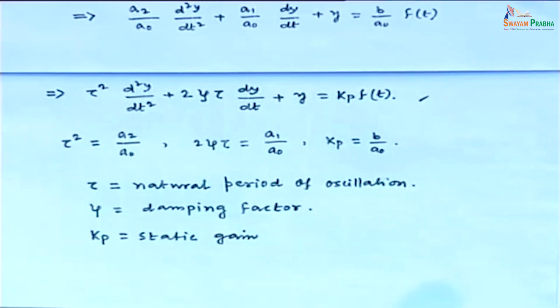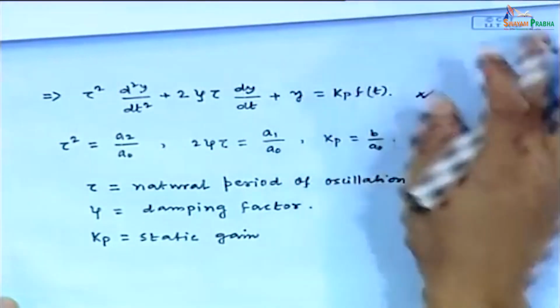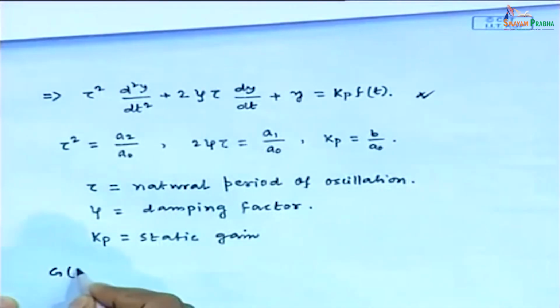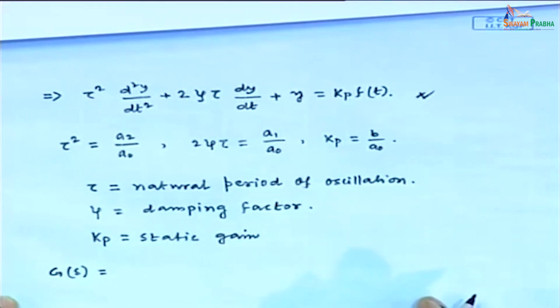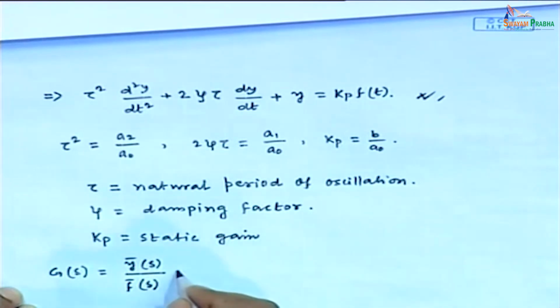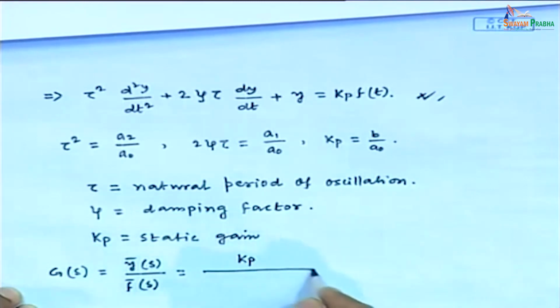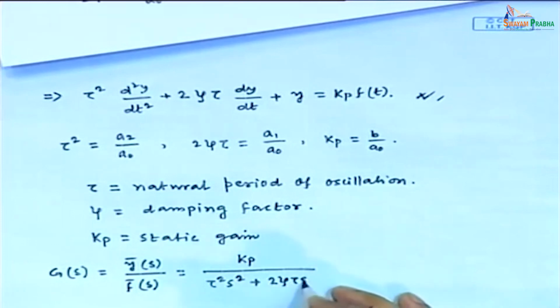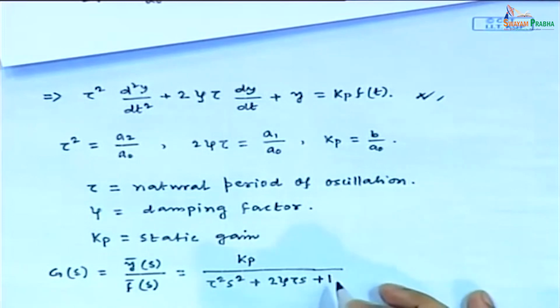Fine. Considering y and f both as deviation variables, we finally get the transfer function of this second order system, taking Laplace transform of this equation, as G(s) equals y bar(s) divided by f bar(s) equals Kp divided by tau square s square plus 2 zeta tau s plus 1.